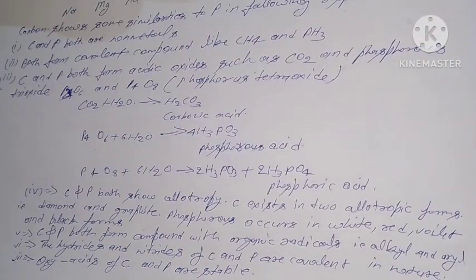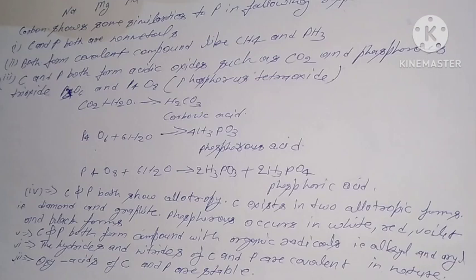Then a diagonal relationship between carbon and phosphorus. Carbon shows some similarity to phosphorus in the following respects. Both are non-metals. Both form covalent compounds like methane and phosphine. Both form acidic oxides such as carbon dioxide, phosphorus trioxide and phosphorus tetroxide.